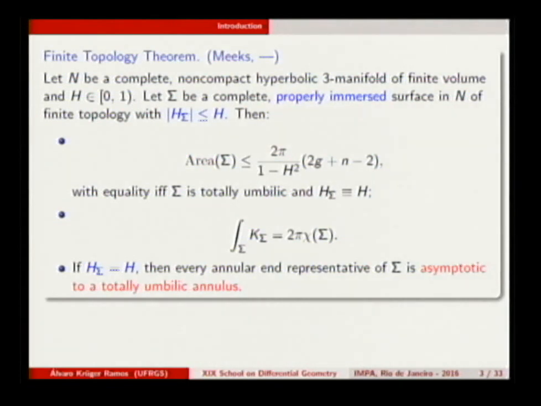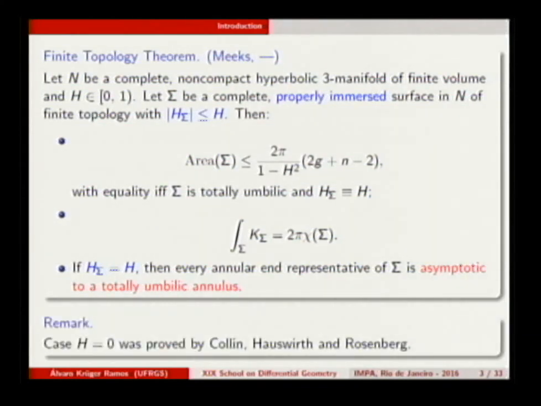We find an area estimate in terms of the Euler characteristic of sigma, and equality holds if and only if sigma is totally umbilic and of constant mean curvature. Moreover, it has finite total curvature by the last theorem, and in the case of constant mean curvature, every end representative of sigma is asymptotic to something. What is this something? It's what we are calling the standard ends, which are totally umbilic annuli, which are properly embedded in the ends of N, with finite multiplicity.